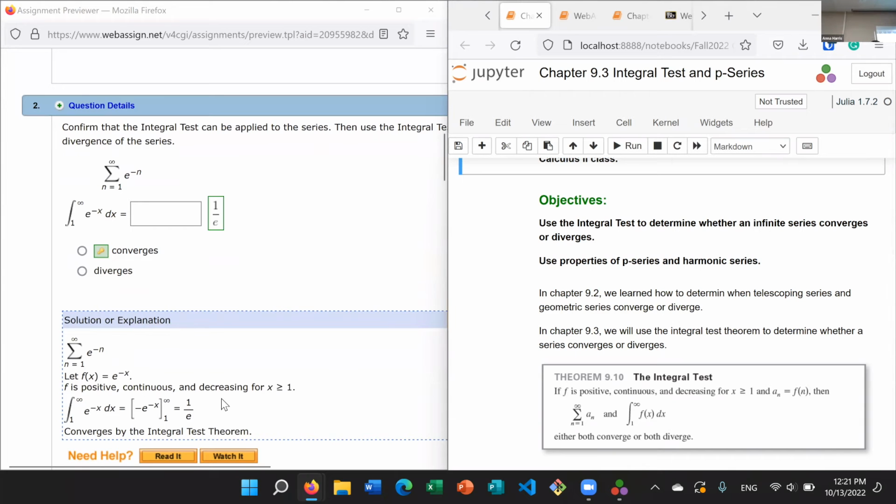Class, a lot of stuff you can figure out without doing an integral test. There are many things where you don't have to do the integral test.